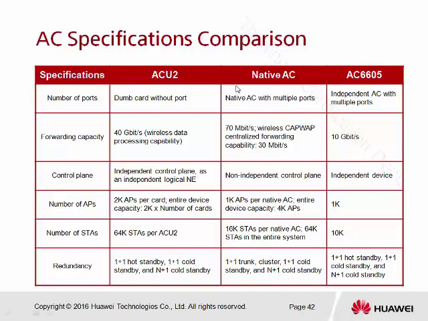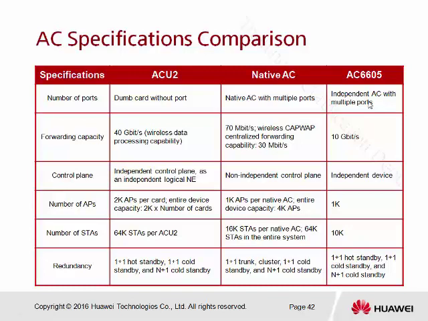The first two belong to the chassis. You can see the comparison here. The ACU2 is a card with no ports of its own. The native AC has multiple ports. The box one is an independent AC with multiple ports because this is a box switch.